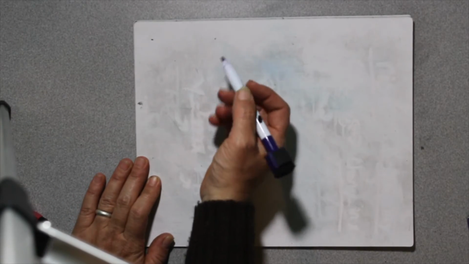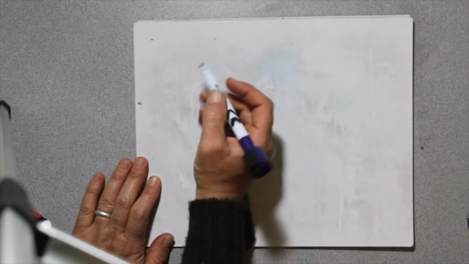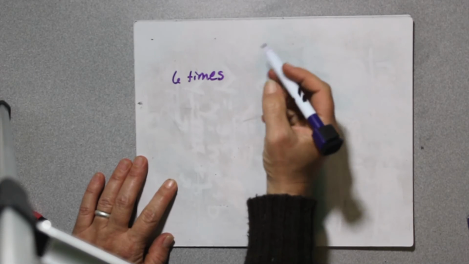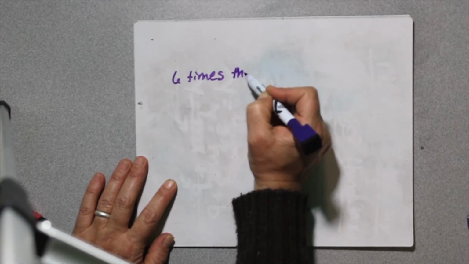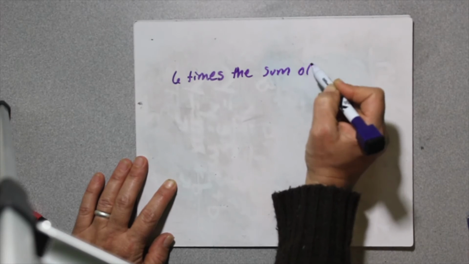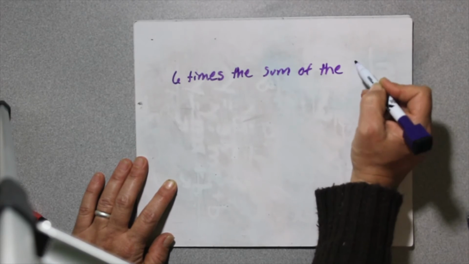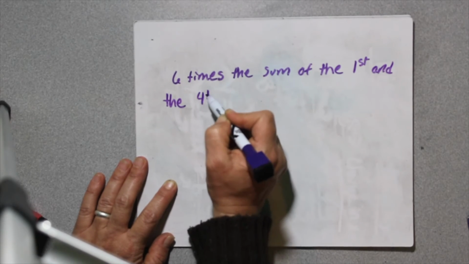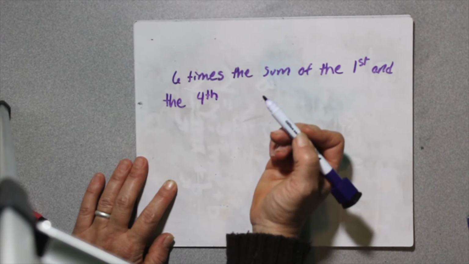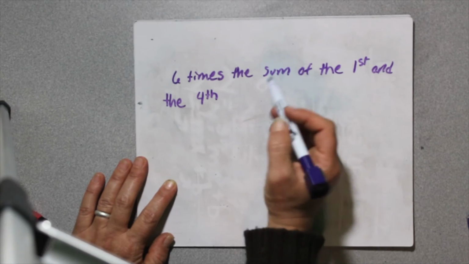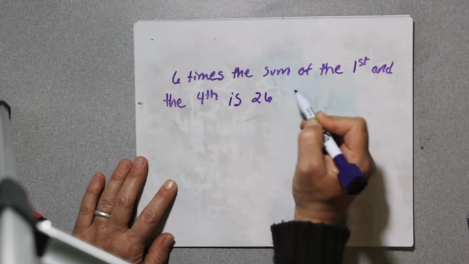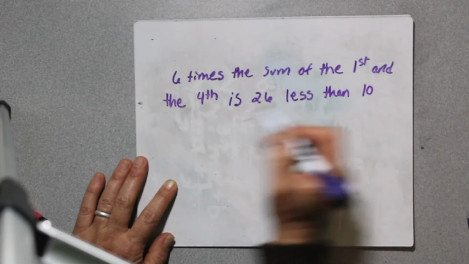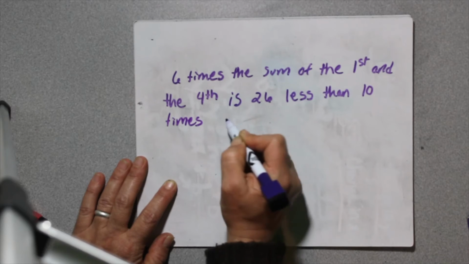So it says 4 consecutive integers such that 6 times the sum of the first and the fourth is 26 less than 10 times the third.